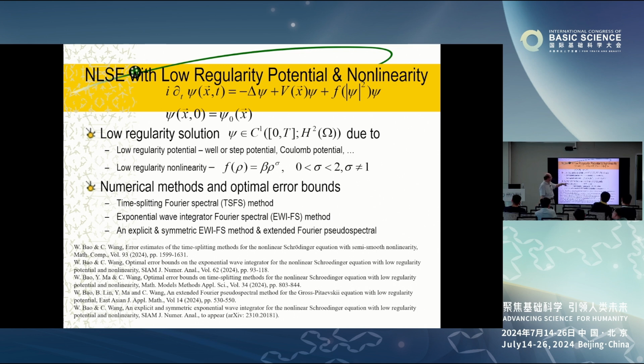Then we find that in this case, the splitting method with some proper modification can achieve the optimal convergence with respect to the regularity of the solution. For example, if psi is in H2, we can prove the error in L2 norm is second order in time. If you're interested, you can find some results here.